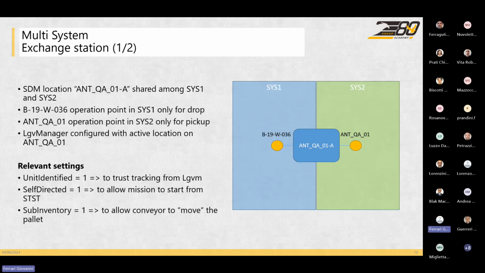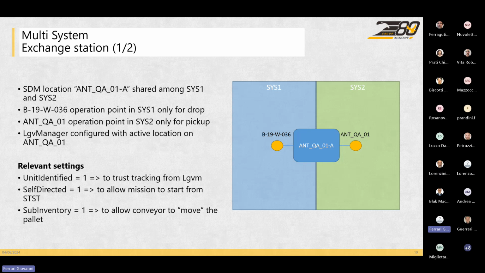And then what I did was to assign one operation point on system 1, and one operation point on system 2. These are known both by SDM, but from a smart perspective, each instance of smart knows only one of them. System 2 only knows NQA01, system 1 only knows B19W036.